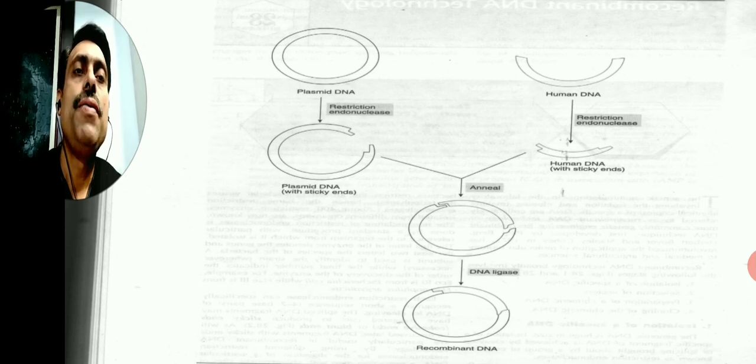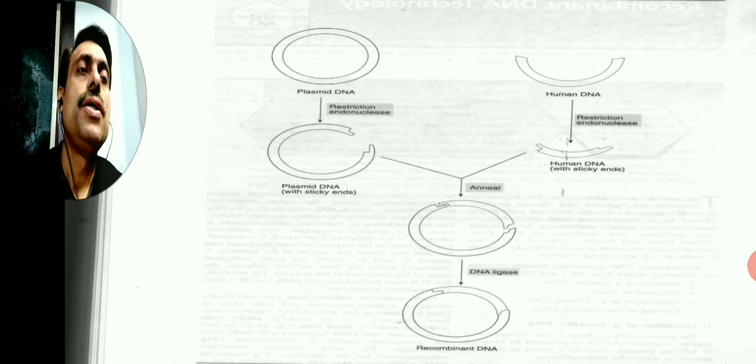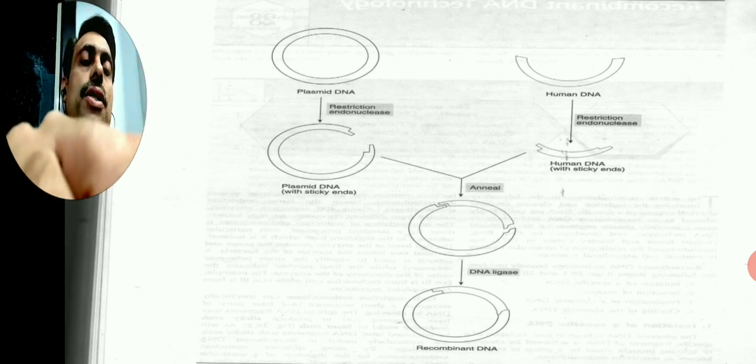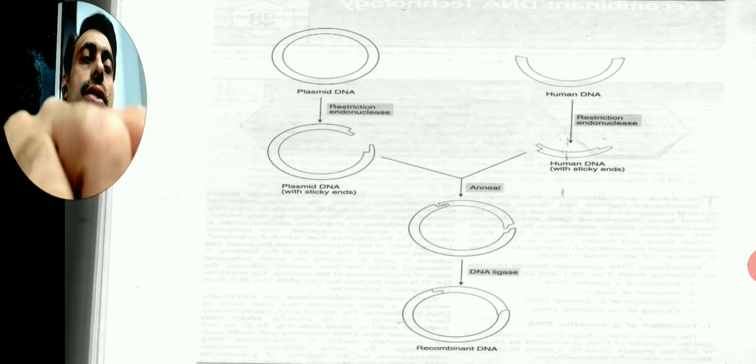So first process is isolation of human DNA, and second process is selection of vector. Then annealing occurs, chimeric DNA is formed, DNA ligase is important here, and recombinant DNA is formed. A linker, synthetic DNA, can also be used.